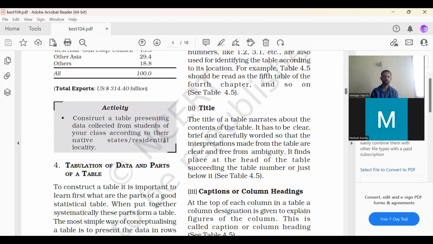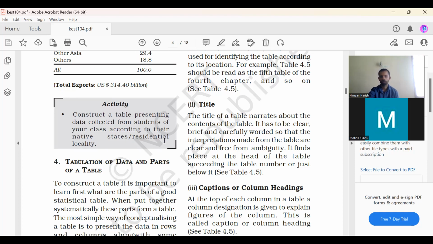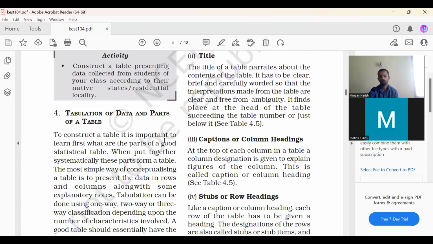The title of a table narrates the contents of the table. It has to be clear, brief, and carefully worded so that the interpretations made from the table are clear and free from ambiguity. It finds place at the head of the table, succeeding the table number or just below it. Table 4.5 can be referenced for this title.